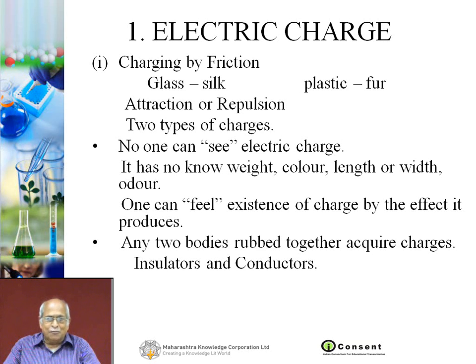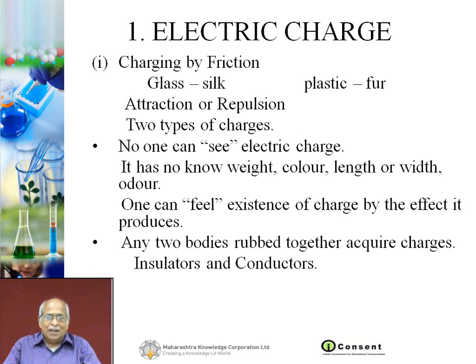Plastic rod rubbed with fur is also able to attract light pieces of paper or some similar bodies. So, plastic rod also gets charged. So, in this way, in the 17th century, scientists tried to produce charge on different bodies by suitable friction.